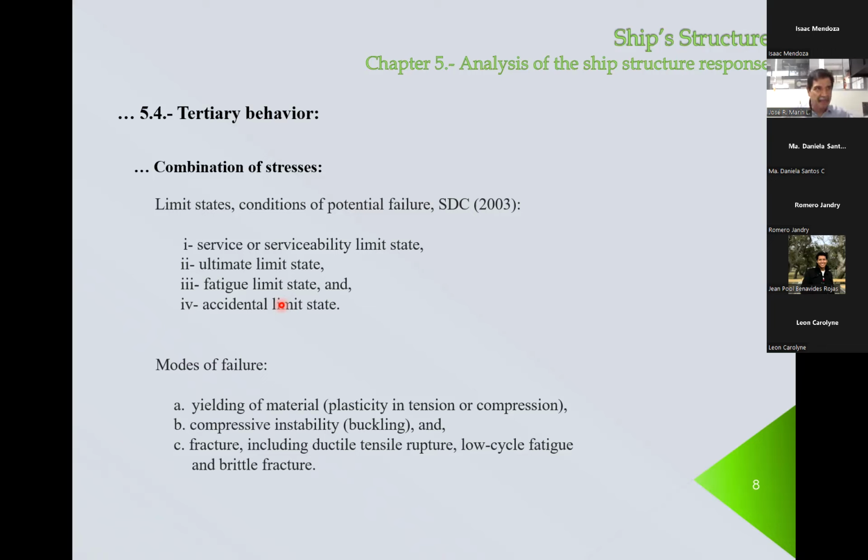It's the simplest. 235, that's it. You reach 235 and consider that the structure has failed. Why? Because when you take the load off the structure, there's going to be a permanent deformation. So that's just coming into the plasticity region, either in tension or compression.